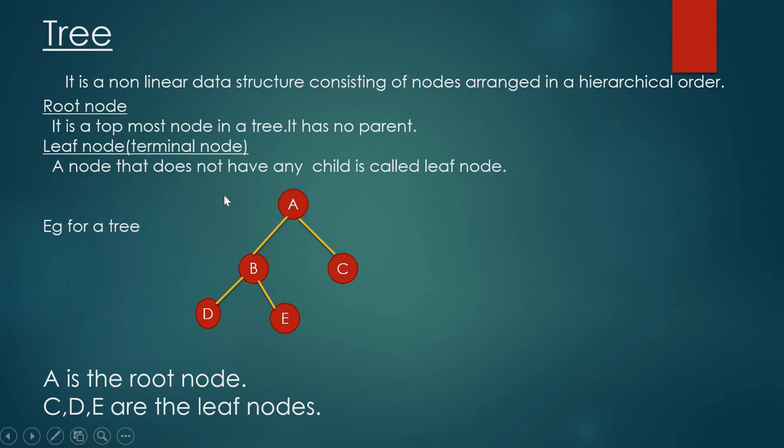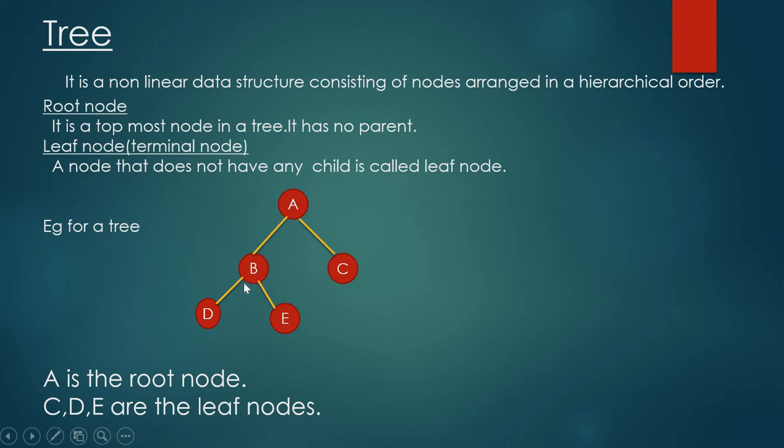Then what is a leaf node or terminal node? See here, D, E, C. These are the terminal nodes or leaf nodes because these nodes have no child. A has two children, B and C, so A is not a leaf node.